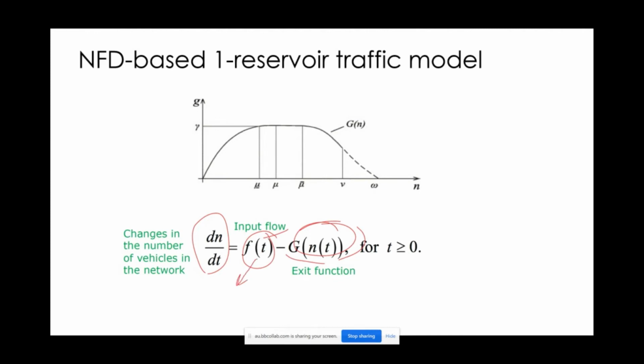So the input flow comes from the demand, right? How many vehicles are actually starting their trip. But the exit flow, or the outflow, can be described by the MFD.